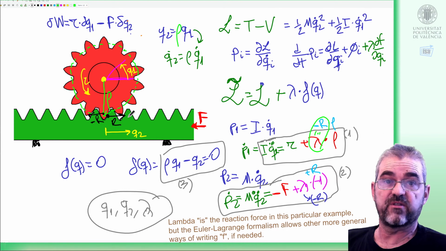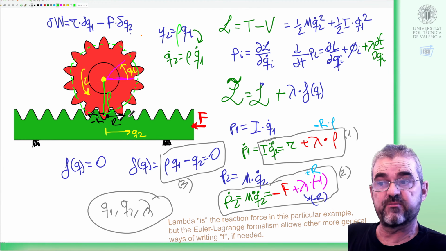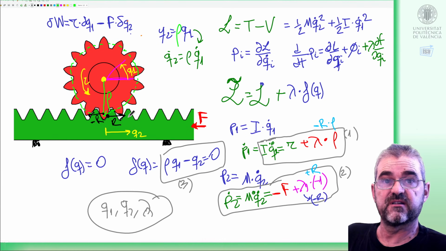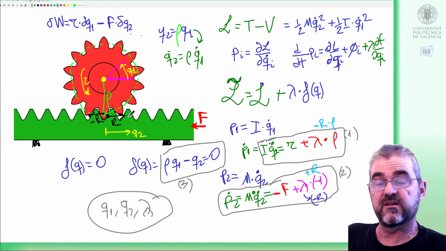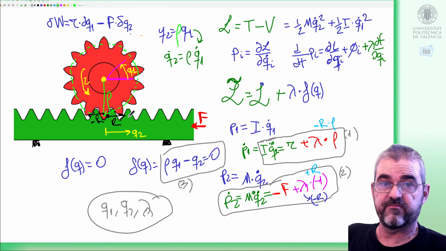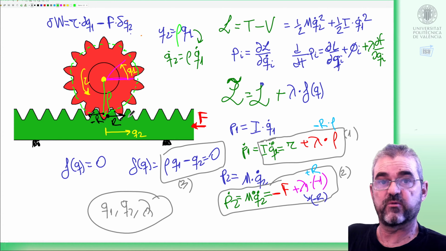So we started with Euler-Lagrange and we ended up with something which is exactly the same as the Newton force and torque balances. And if you watch the previous video in which we manipulated these three equations, we ended up getting the reduction to Q1 and the reduction to Q2. So these three equations are equivalent to those two alternate ways of expressing the equations of movement. So we'll end up here.